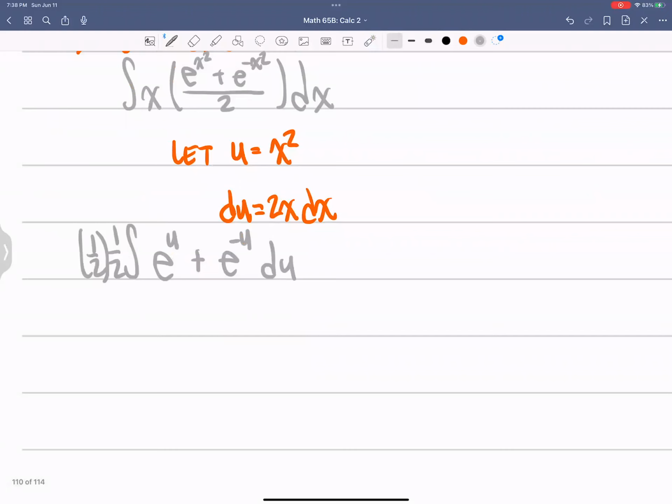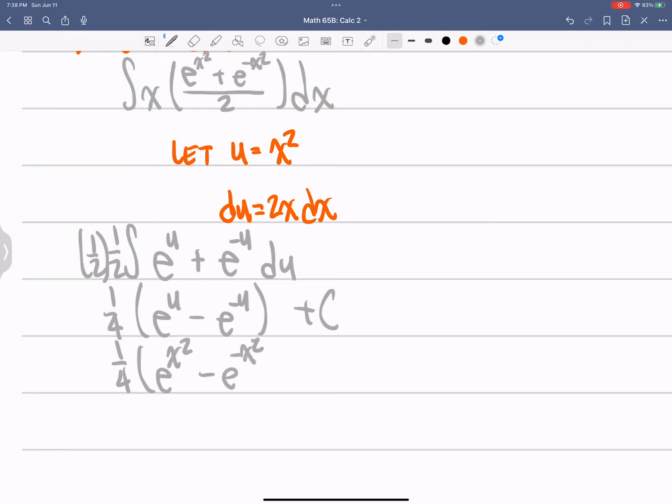All right, let's see what we have. 1 over 4 times e to the u minus e to the negative u plus c. We're not in terms of u, we were actually in terms of x, so let's substitute that x back in. 1 over 4 times e to the x squared minus e to the negative x squared plus c.